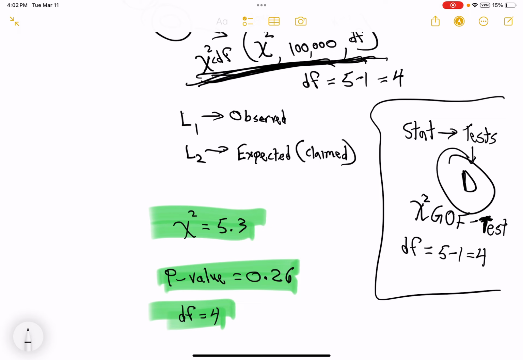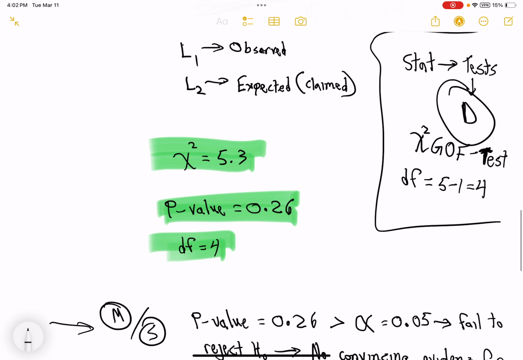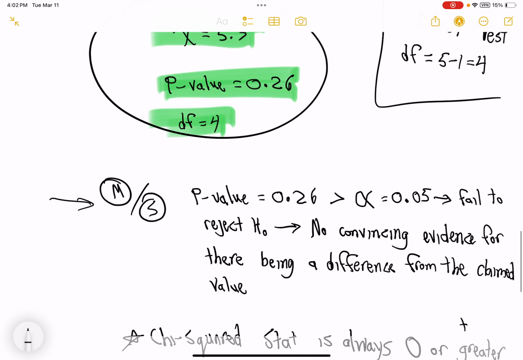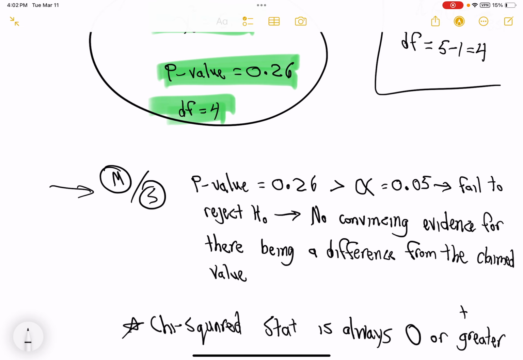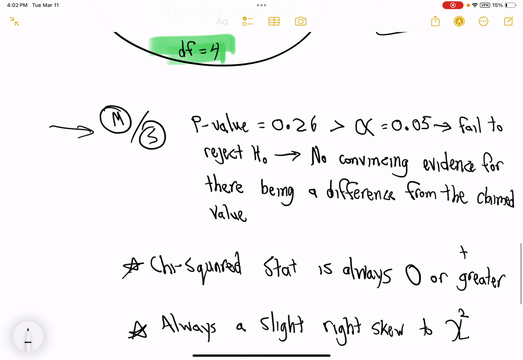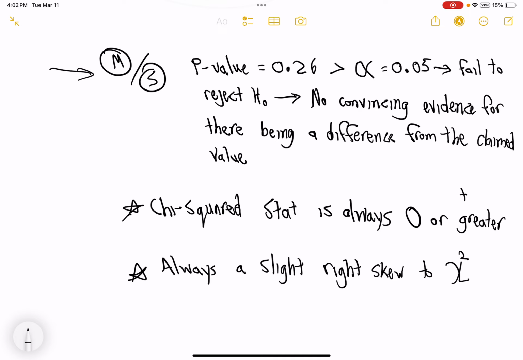Remember, degrees of freedom are the number of categories, not the number of values when it comes to chi-squared. So for chi-squared, and only for chi-squared, degrees of freedom are number of categories minus 1, and then you will get your output. The p-value must, of course, be less than your alpha if you intend to reject the null and find convincing evidence for the alternate. But in this case, the p-value was greater than the alpha, so we failed to reject the null and find no convincing evidence for the alternate.